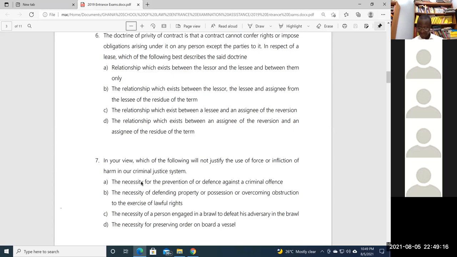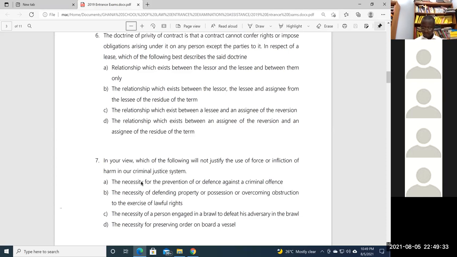Good. We also have a related concept, apart from privity of contracts. We call it the privity of estate.